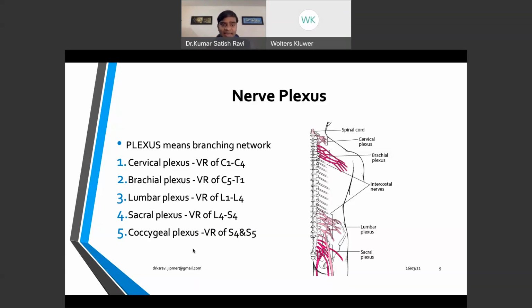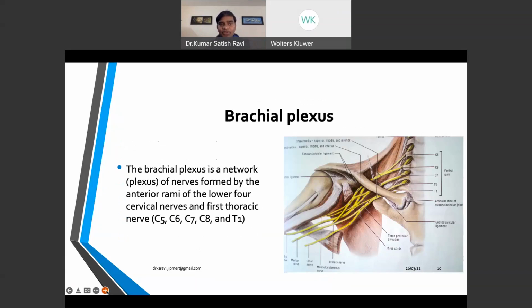So as I said, we have the different nerve plexuses. Coming to the next slide, today we will be discussing the brachial plexus. So far we discussed what the spinal nerve is and what a plexus is. Now we will see what the brachial plexus is. The brachial plexus is a network of nerves formed by the ventral rami of the lower 4 cervical nerves.